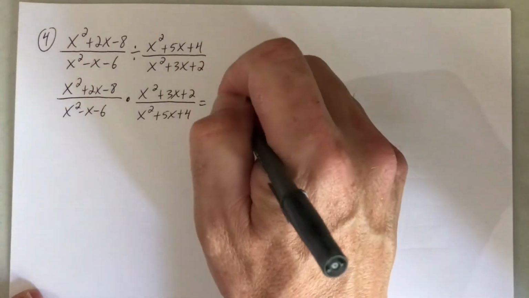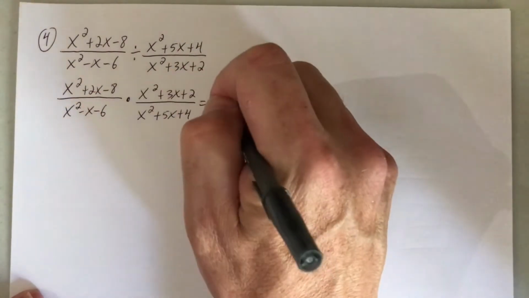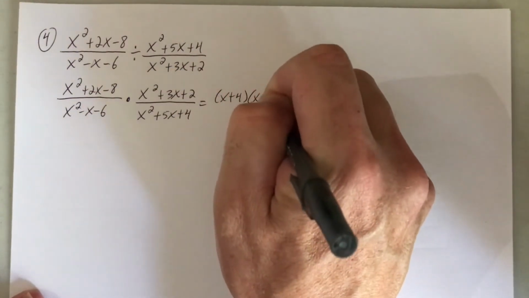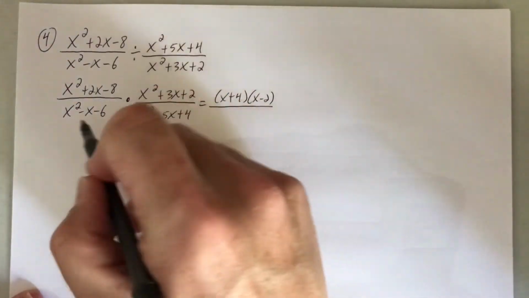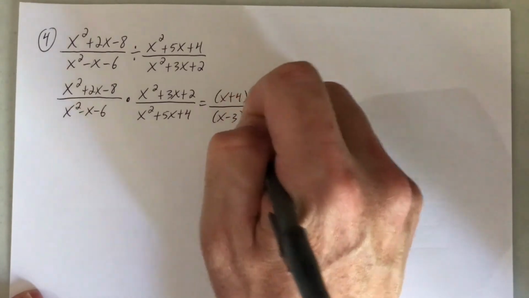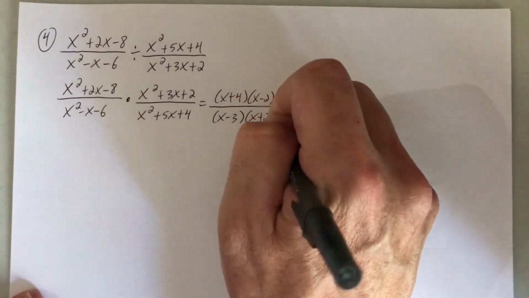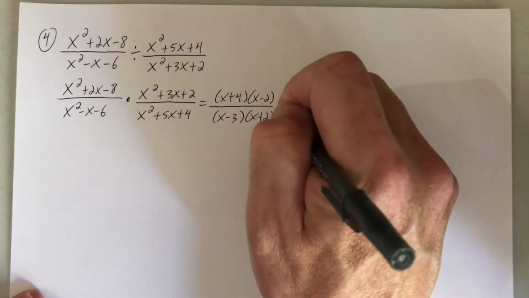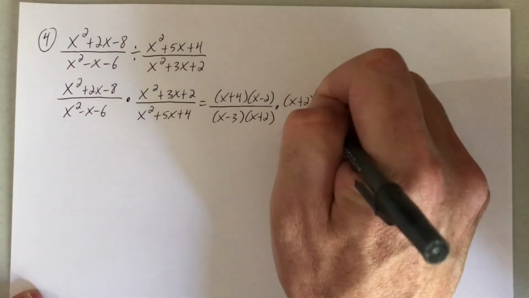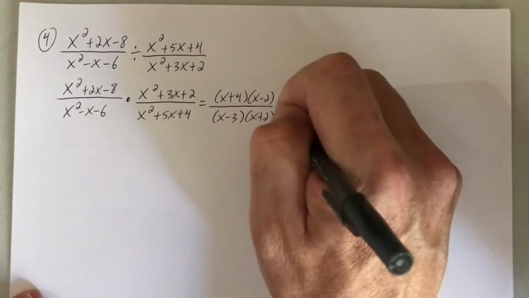So when I go ahead and factor this numerator here, that's going to be x plus 4 times x minus 2. And then when I factor this denominator here, it's going to be x minus 3 times x plus 2. And then when I factor this right here, that's going to be x plus 2 times x plus 1.